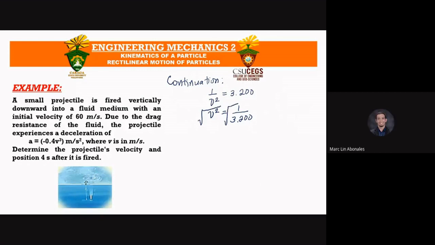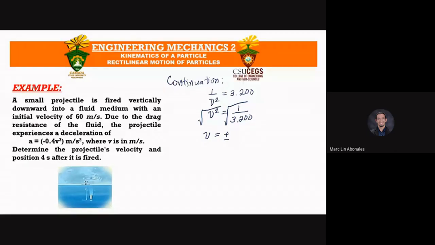That would be v is equal to, since it is a square root, we have two values, positive and negative. So what is the square root of 1 over 3.200? 0.559.